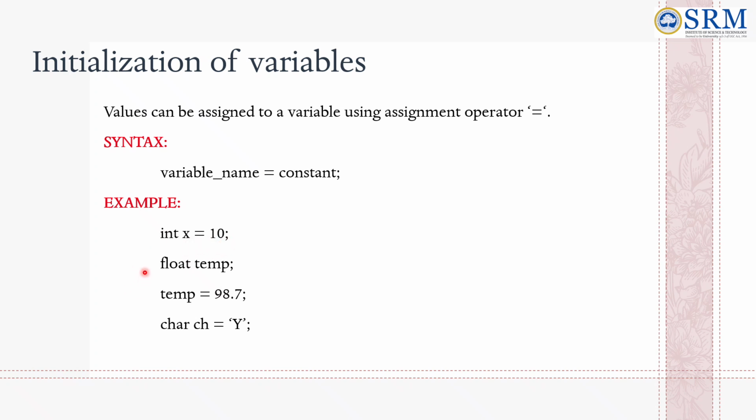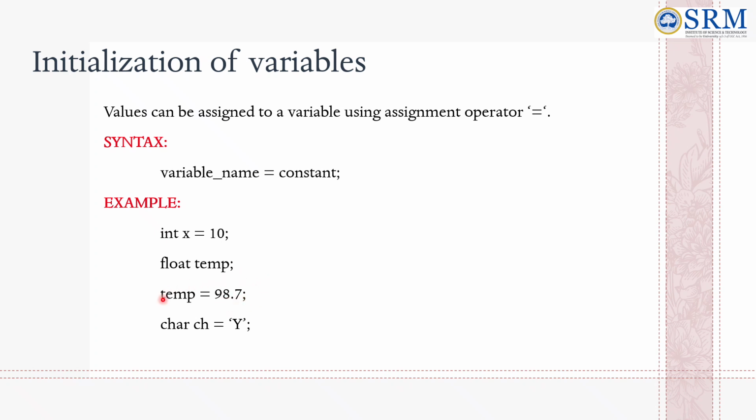And next we have floating point number, temp. Temp is the variable name declared as floating point, and you can give value for temp in the same line. You can also take the initialization to the next new line as given here. You can declare it in one line and initialization can be done in the next line. Temp is equal to 98.7.